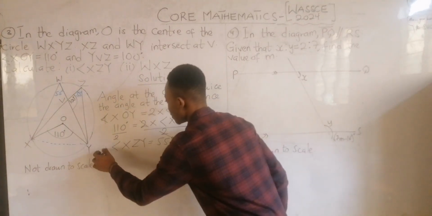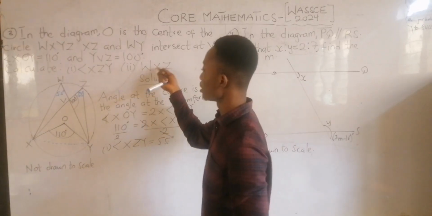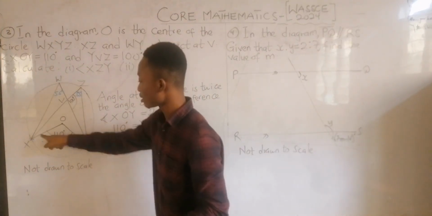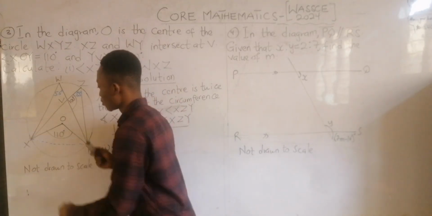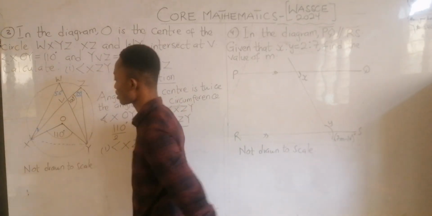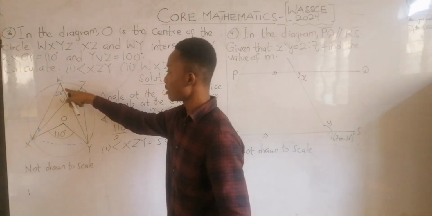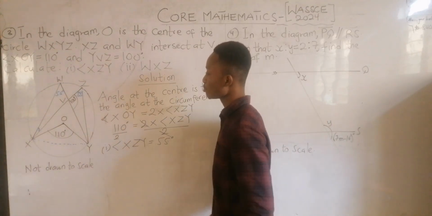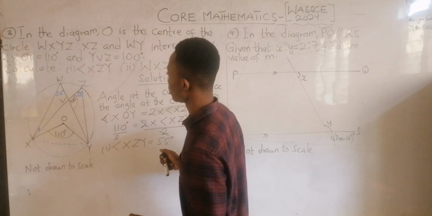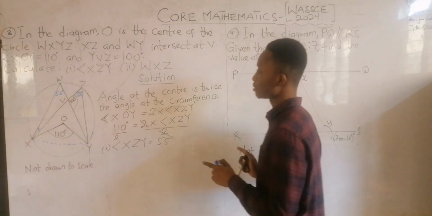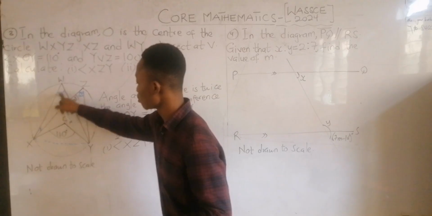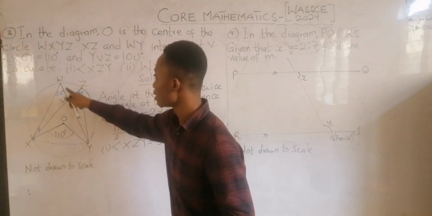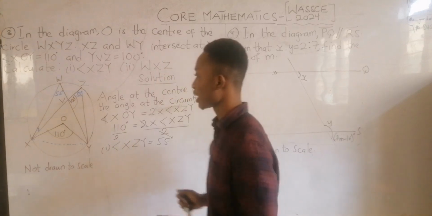Now I want to find the second one, WXZ, created here. WXZ is a triangle, and WXV is a triangle.